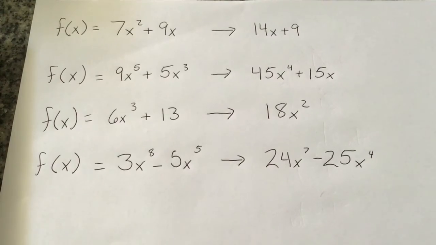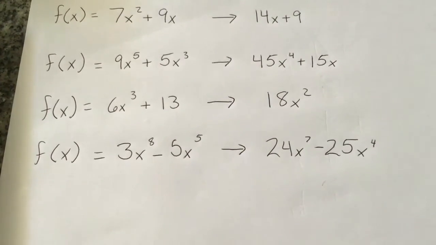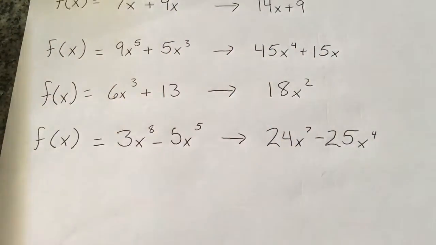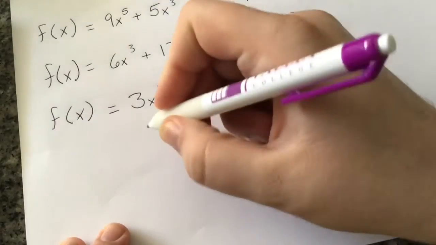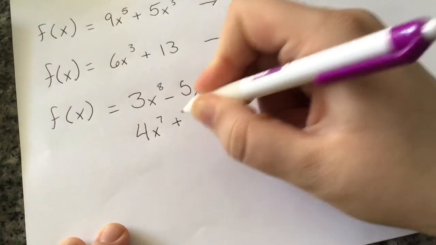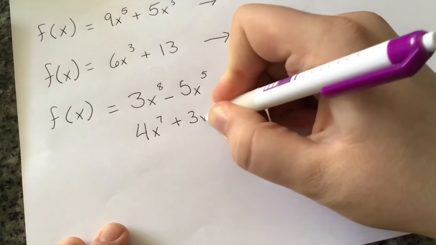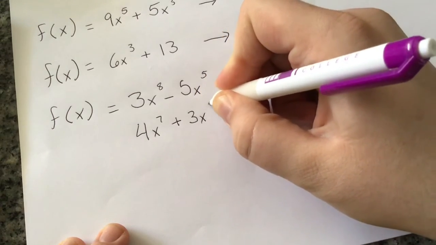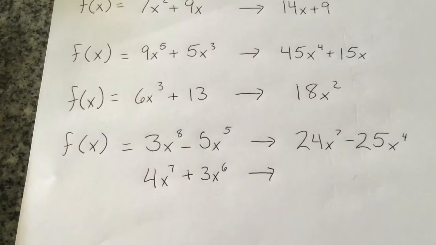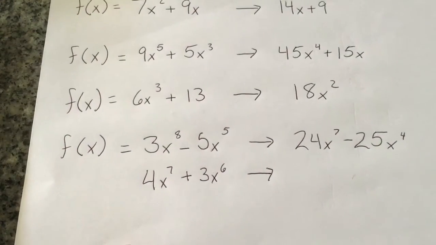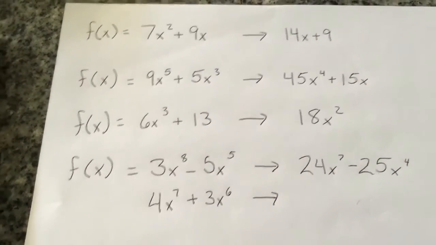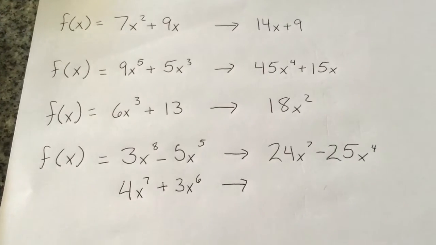Do you see any way that, if you look at how these numbers transitioned, if I wrote a different one on here, like 4x to the 7th plus 3x to the 6th, and I wanted to find its derivative, see if you would be able to figure that out, to guess what it would be.